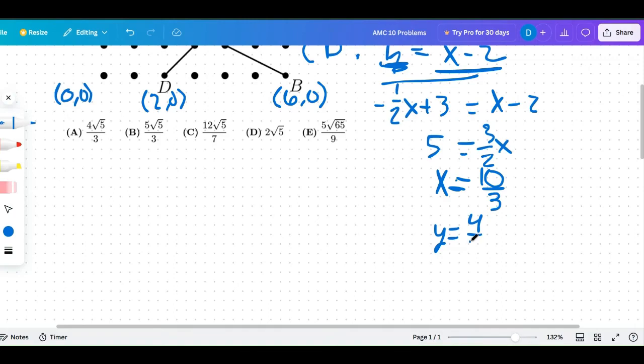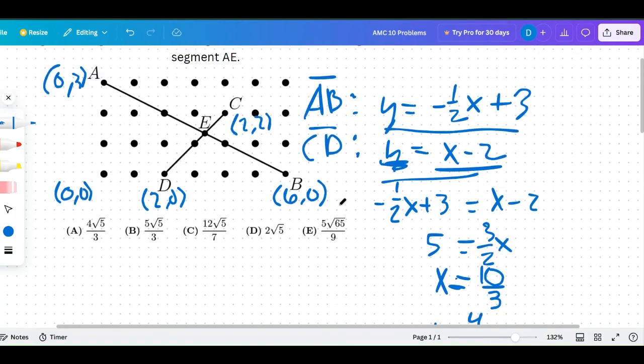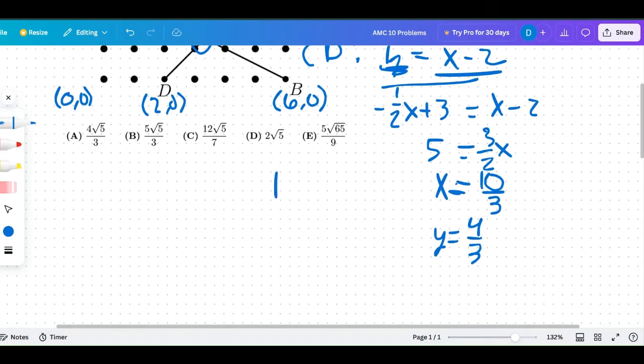So we basically already found the coordinate for E. The coordinate E is 10 over 3 for its x coordinate and 4 over 3 for its y coordinate.